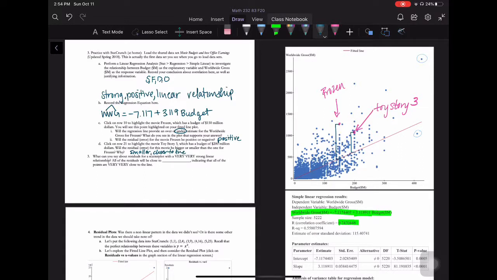What can you say about residuals for a scatter plot with a very, very strong linear relationship? Well, if you have a very, very strong linear relationship, remember that your points are all going to be really, really close, or if it is just absolutely strong, then every single point is going to be on the line. All of the residuals will be close to 0, indicating that all of the points are very close to the line.